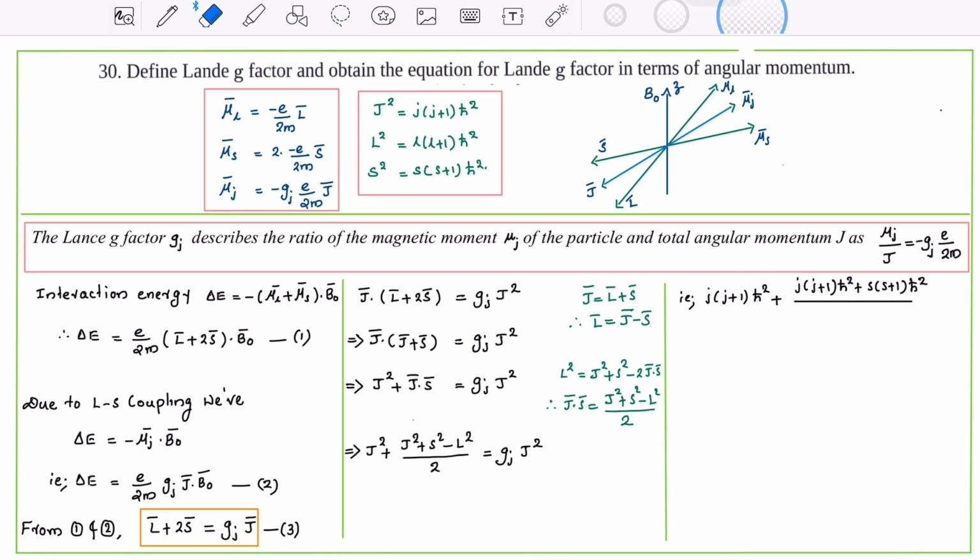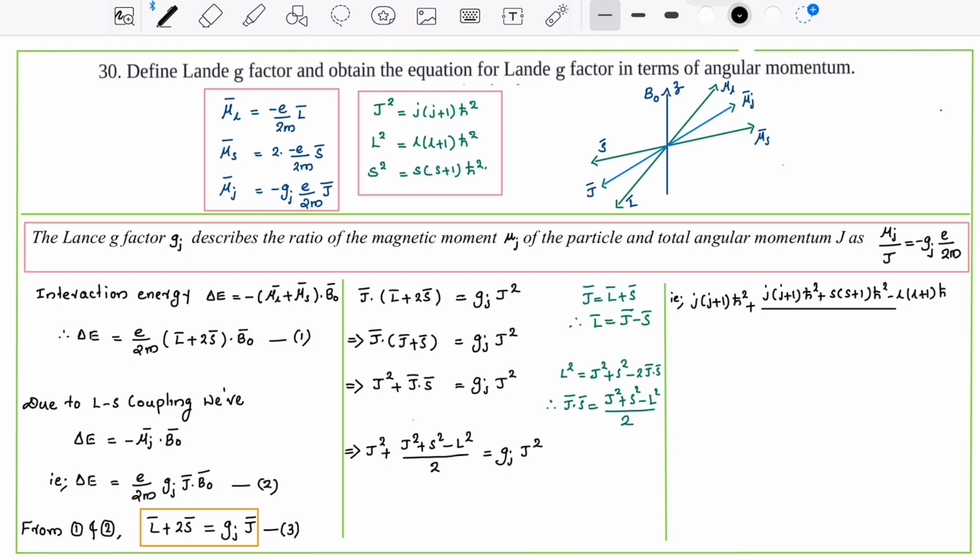Let us rewrite this. We have j square is equal to j into j plus 1 h bar square plus again j into j plus 1 h bar square plus s into s plus 1 h bar square minus L into L plus 1 h bar square divided by 2 is equal to g j into j plus 1 h bar square.